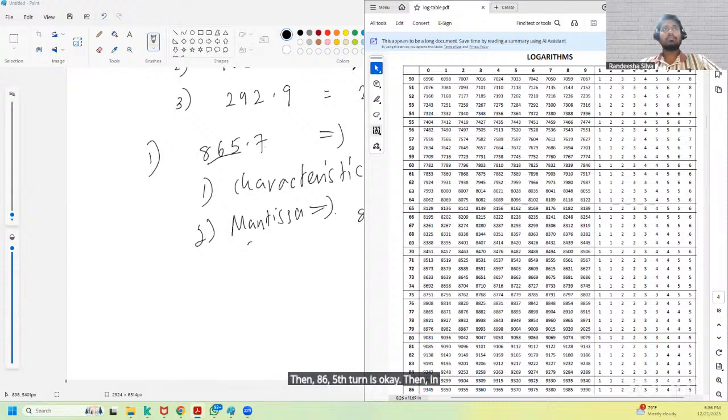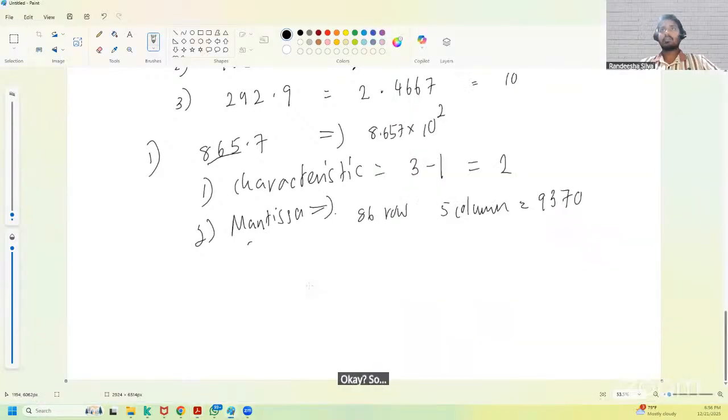Then the mean difference for the fourth digit: it's 86th row and seventh column. 86th is here, seventh column is this. It's 4. Okay, so I'll be adding this 4.